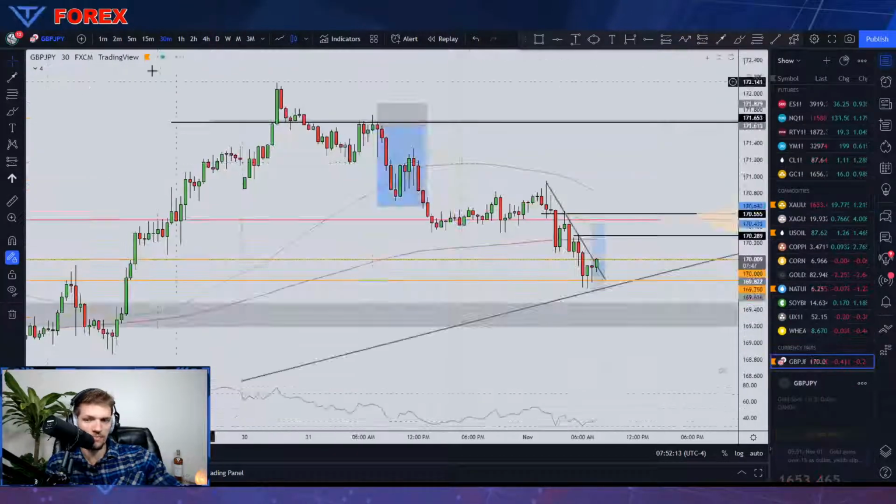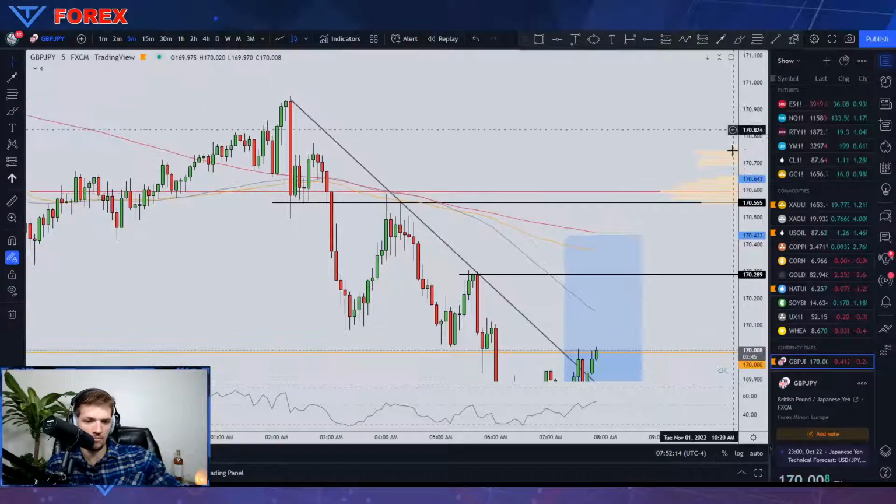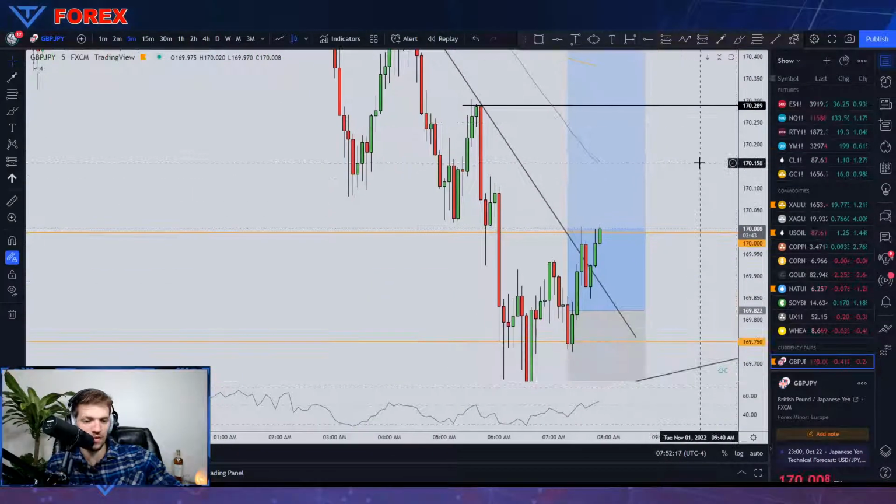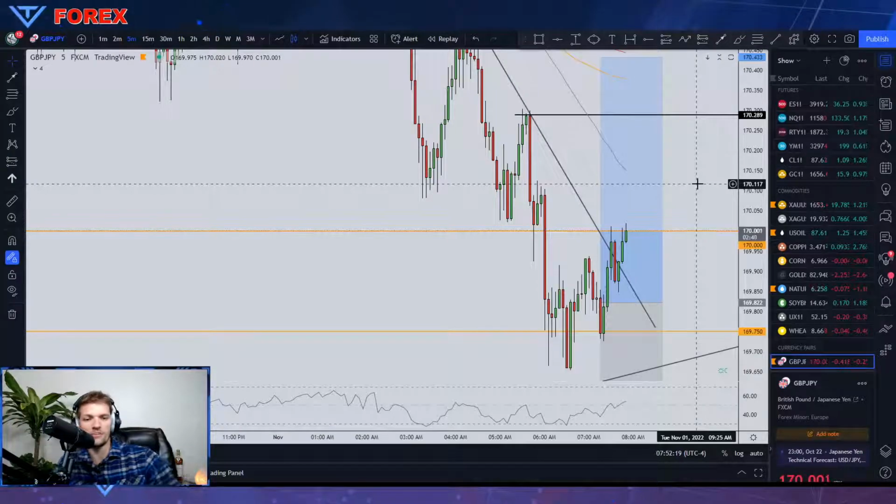Pound yen. We are now back at that 170, right above 170. So let's see if we can get that closure on the 5-minute closure above. Would be ideal.